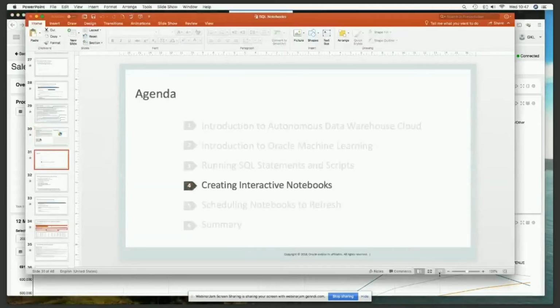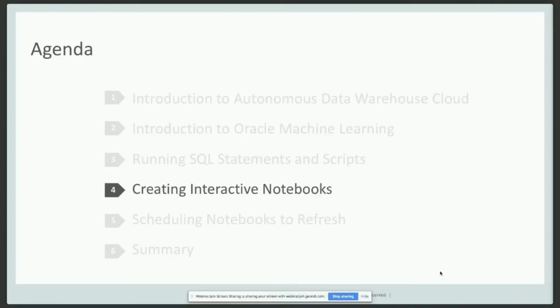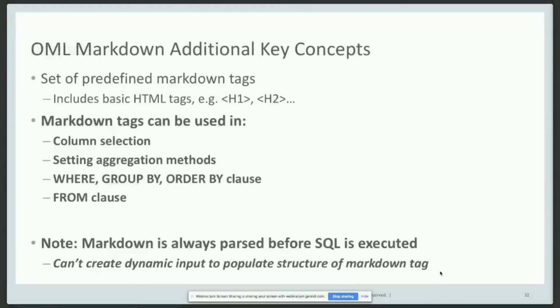Well, we have a really powerful markdown language that allows us to do that. So you can use the HTML markdown tags to document, but you can also use them to control column selection or set the aggregation method or completely change the query that you're running, maybe the where clause or the group by or the order by clause. In effect, the only thing you need to be aware of is the markdown is parsed before the SQL is executed.